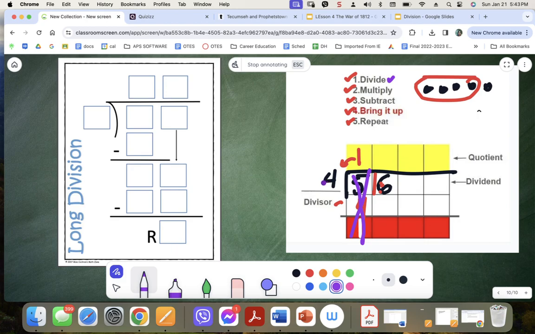So if you look at it really hard, you're able to make 4 bags out of 16. So if you draw 16, 1, 2, 3, 4, 5, 6, 7, 8, 9, 10, 11, 12, 13, 14, 15, 16.